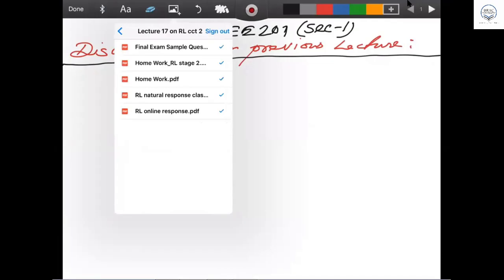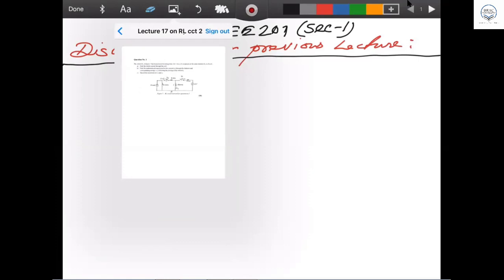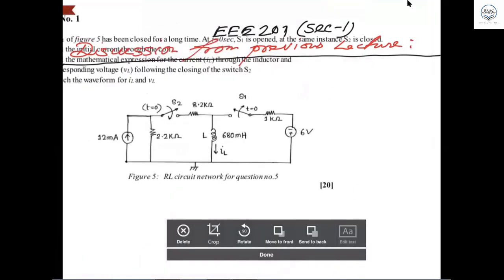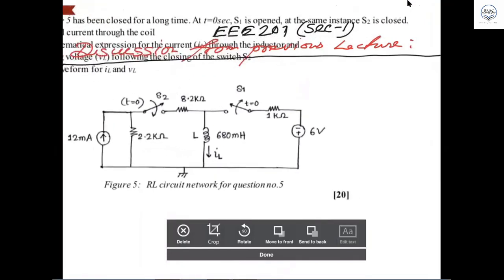RL. If you see this problem, this is one of the problems given from the final exam question paper. So if you can solve this problem, you are capable to answer any type of problem from the RL circuit.